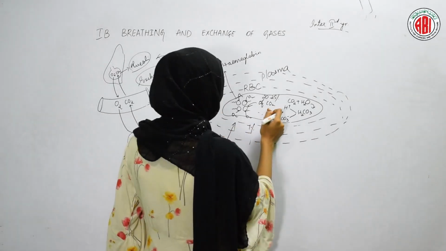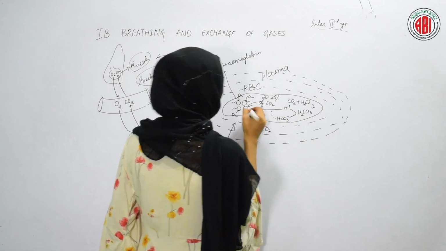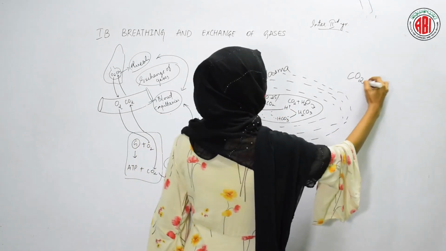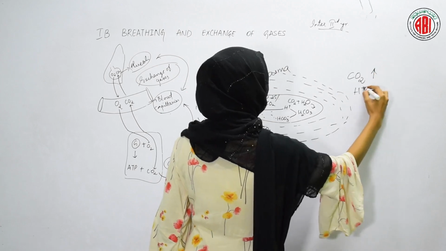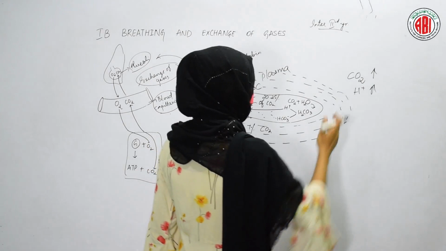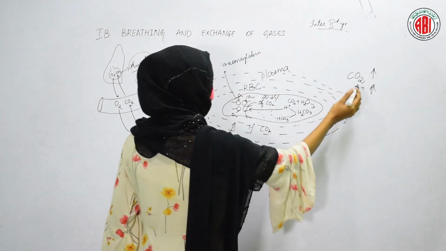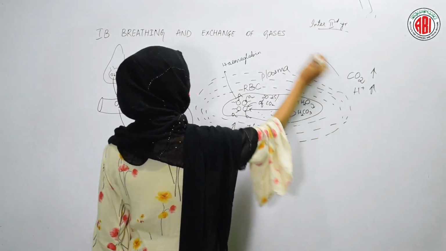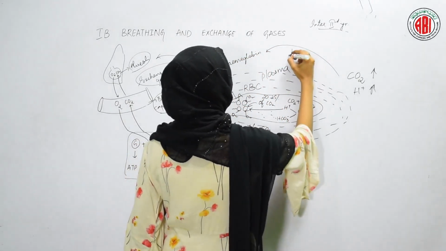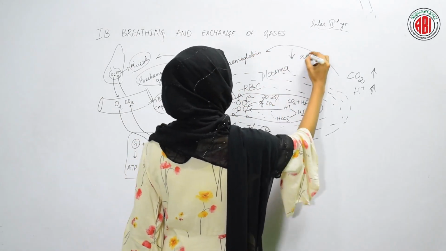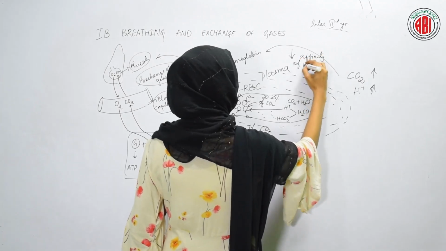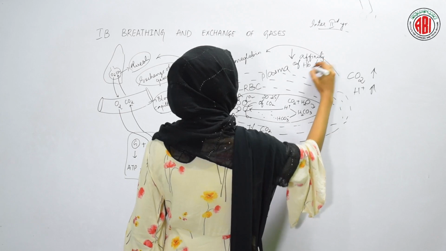Once the carbon dioxide partial pressure increases, and the increase in H+ ions takes place, and they bind to the hemoglobin, at that time they decrease the affinity of the hemoglobin. Affinity means binding capacity. So they decrease the affinity of the hemoglobin for oxygen.